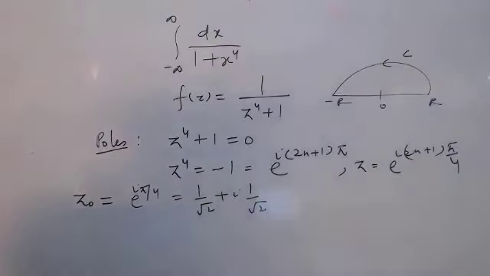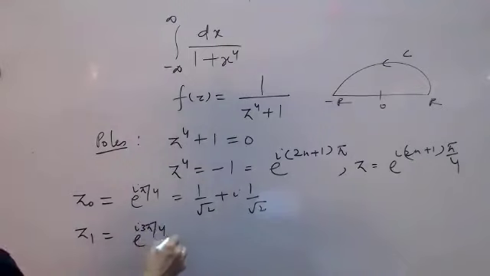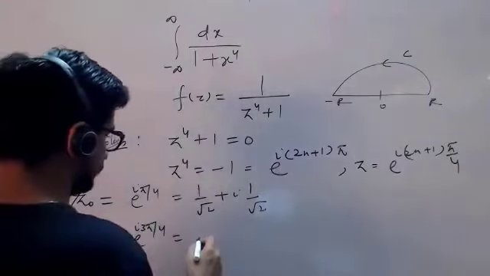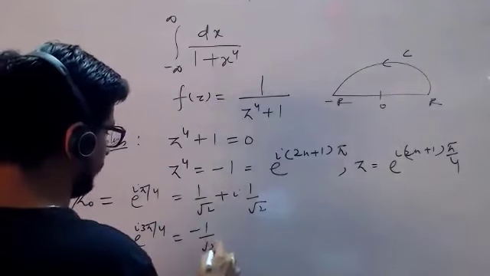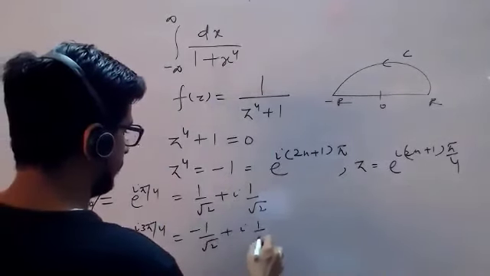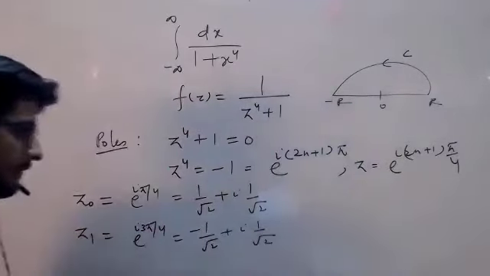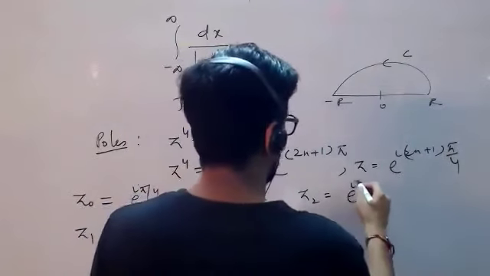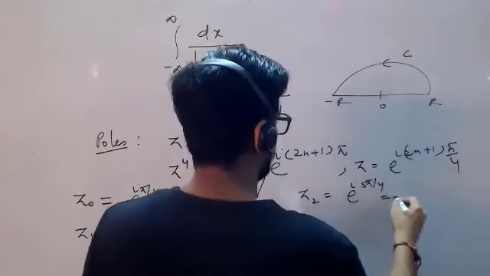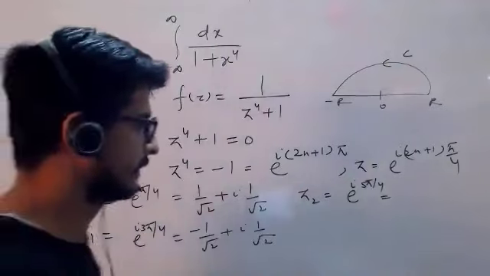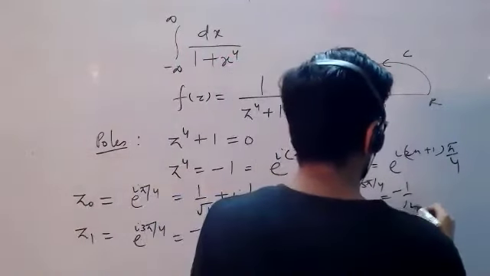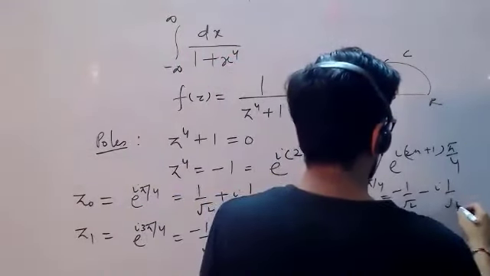Then z1, which is e to the power i3 pi by 4, in the second quadrant, minus 1 by root 2 plus iota 1 by root 2. z2, e to the power i5 pi by 4, minus 1 by root 2 minus iota 1 by root 2.